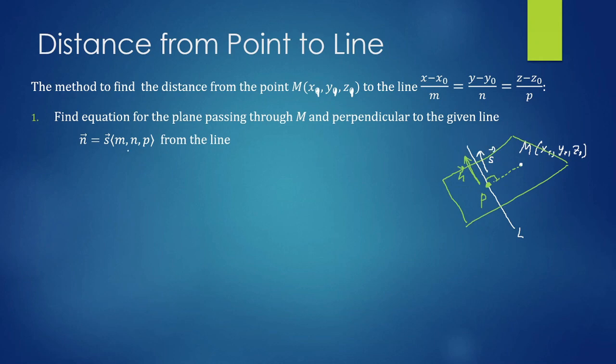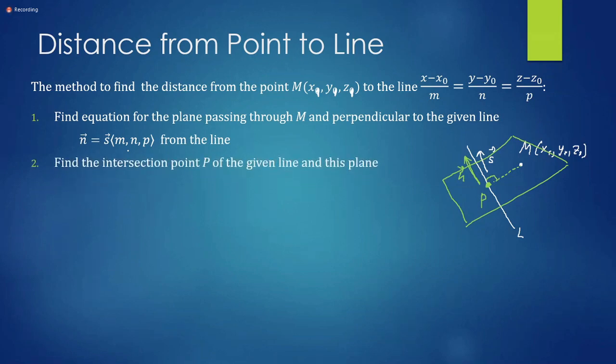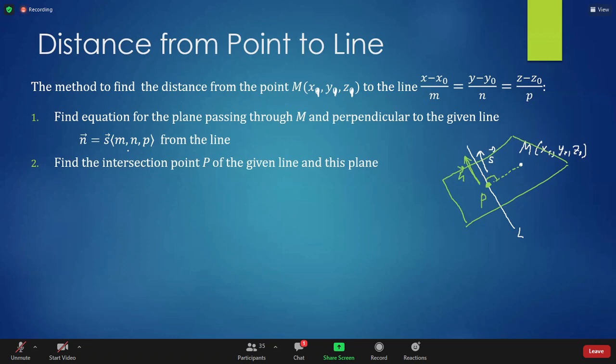And so we know how to write an equation for a plane passing through a given point. Then we have a plane and a line. Find the intersection point, as we did just a little bit ago, using the parametric equations. That's the easiest way. When we have the intersection point P, we simply find the distance, that is the length of the vector PM.